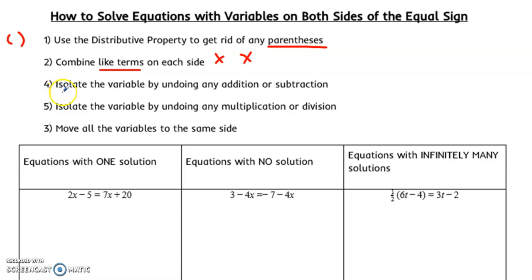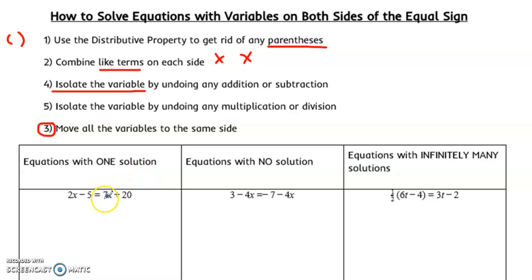Step 3 is to move all the variables to the same side. I don't know why that got moved to the bottom. So we're going to move all of the x's to the same side of the equal sign. And then we are going to isolate the variable. Isolate means to get it by itself.